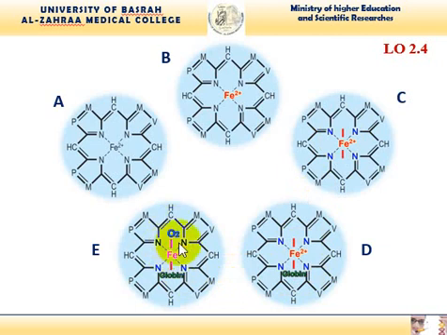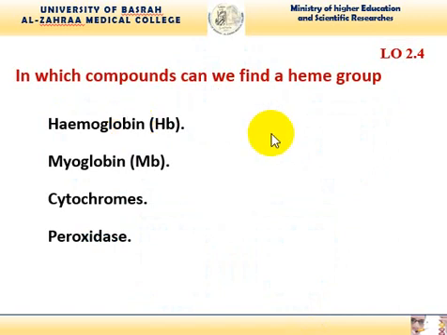This linkage is reversible, which means it can bind with oxygen and with carbon dioxide. Heme groups can be present in other compounds besides hemoglobin, like myoglobin, cytochromes, and peroxidase.